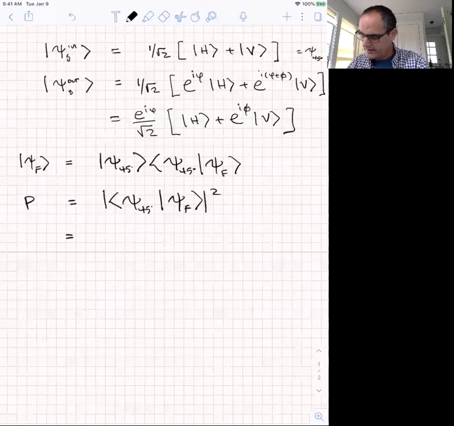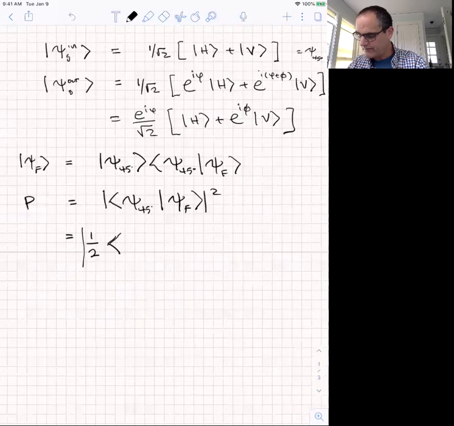Okay, so then we're going to get a factor of 1 over root 2 from the first wave function and a similar factor from the second one. So knowing that, let's just neaten things up by bringing that factor of 1 over 2 out of the expression. Then we have the following.